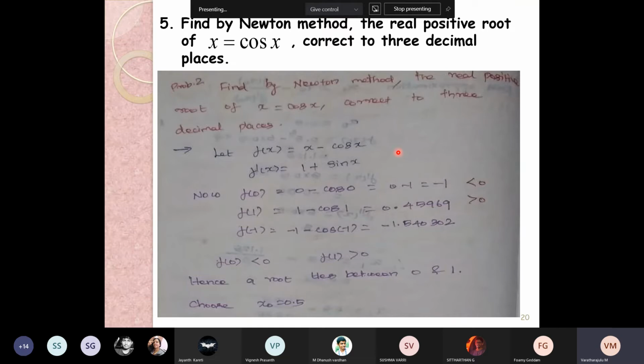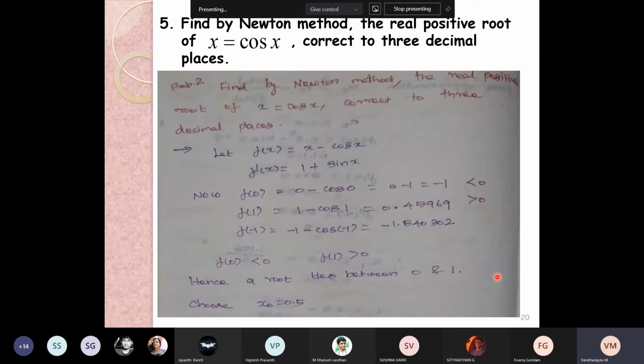So here I have given one more piece of information. I have started with f of 0, the x with 0. What happens? I am getting a minus value. When I apply 1, I am getting a positive value. So this is the root zone, that is, the root lies between 0 and 1.